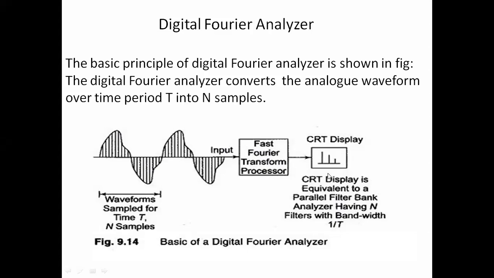Here, the CRT display is equivalent to a parallel filter bank analyzer having n filters with a bandwidth of 1/T. Here T is the time period, and this time period of the signal will be divided into n samples.